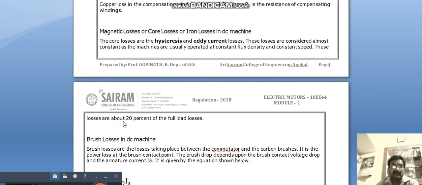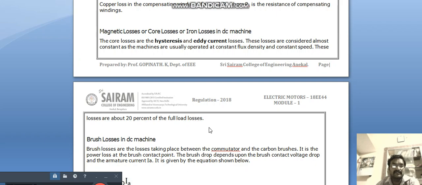These losses are about 20% of the full load losses, whereas copper loss is 30% of the full load losses.